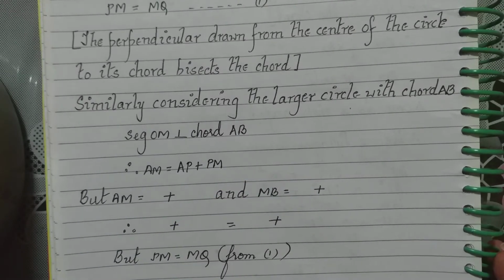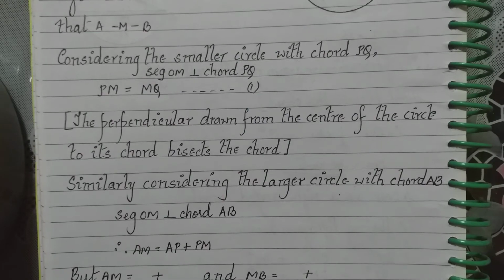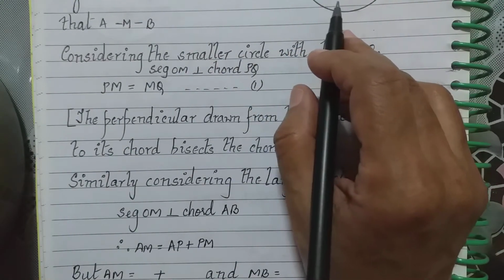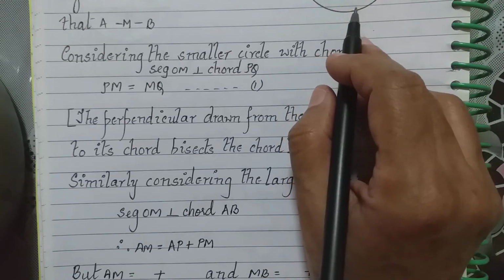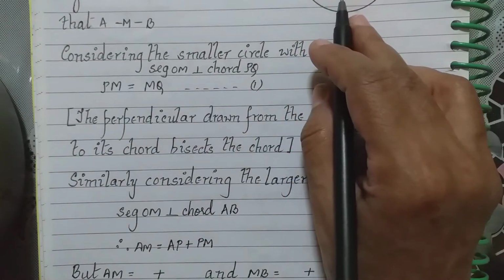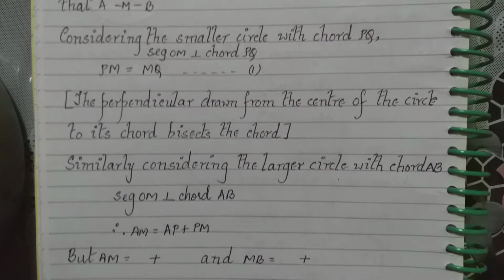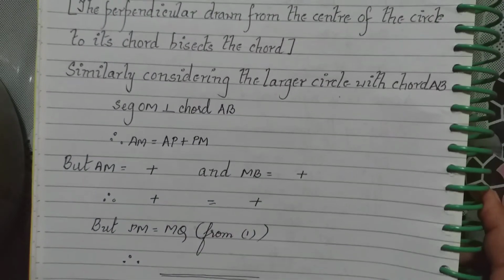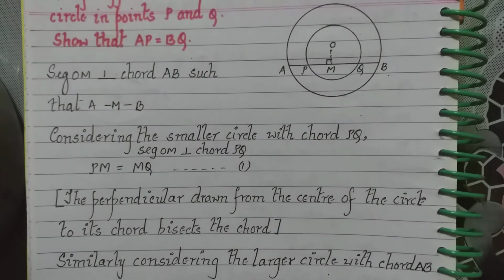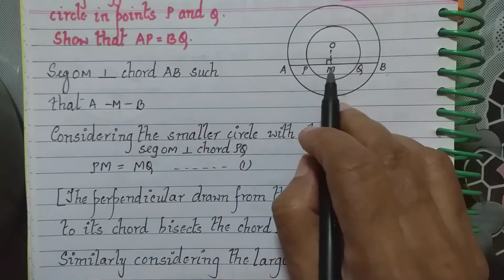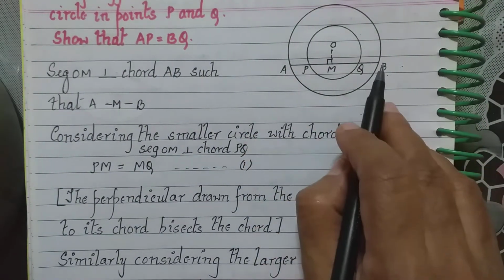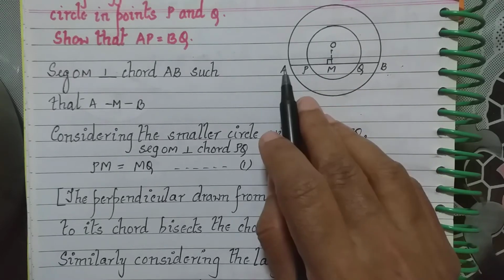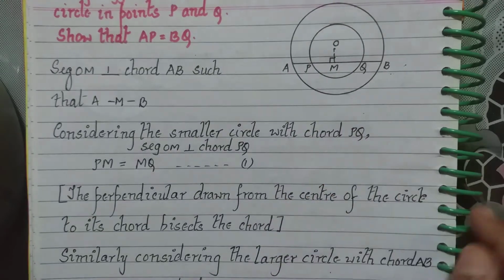But before that, we also know that AM is equal to MB because the perpendicular drawn from the center of the circle to the chord bisects the chord.